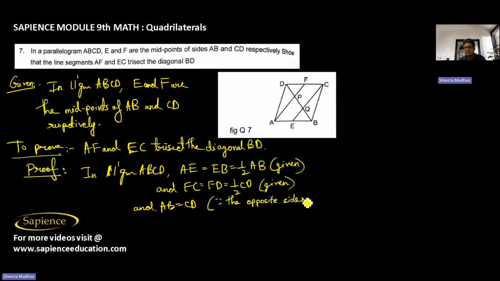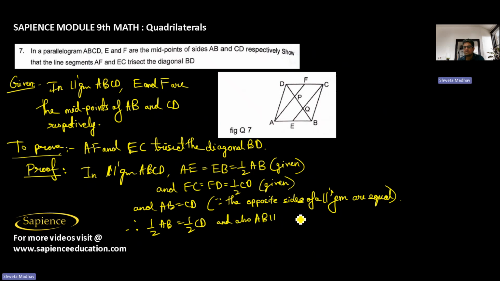So we can say that half of AB is equal to half of CD.